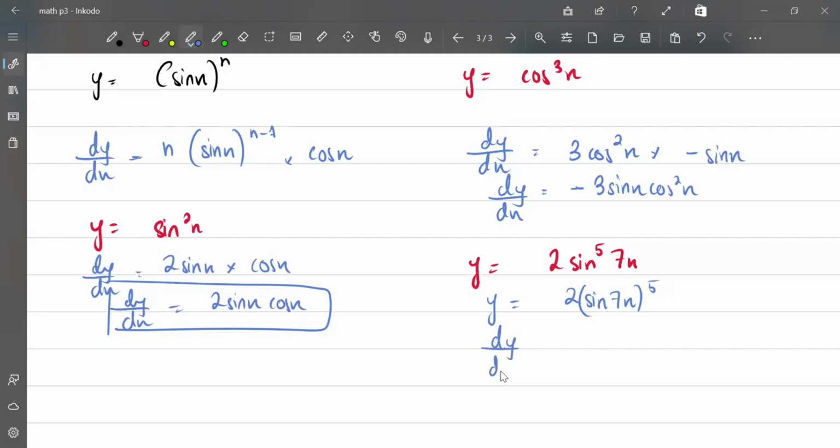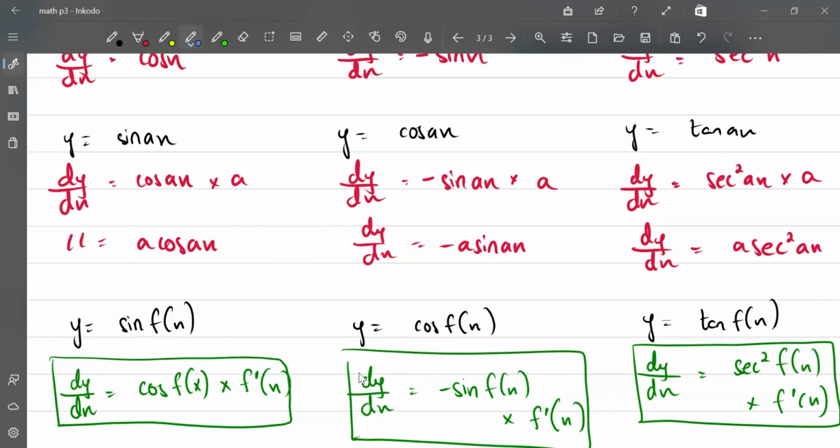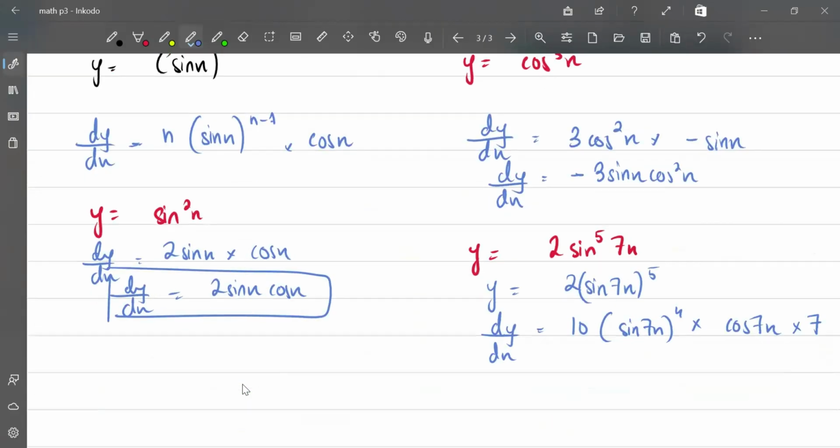So just differentiate like you would differentiate a normal function. 5 comes down, it is multiplied to 2, 10 sine 7x, 5 minus 1, which is 4, and into differential of sine 7x. The differential of sine 7x is cos 7x into differential of f, right? Into 7, like we just studied here, right? Sine fx, cos fx into f dash, all right?